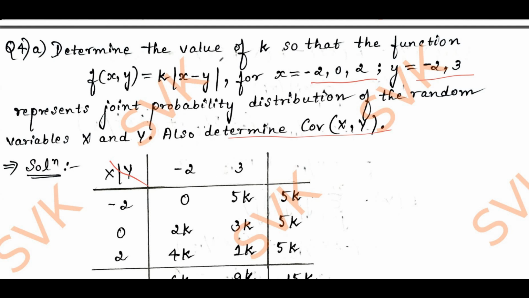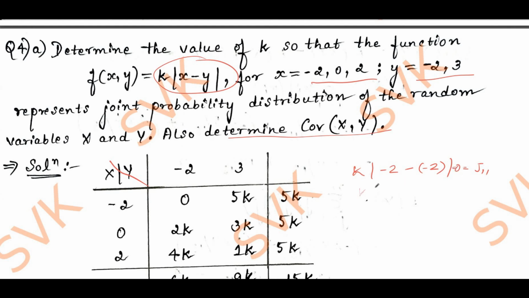Just put the values of x and y in this function. If x equals minus 2, k times modulus of minus 2 minus minus 2, since y is minus 2, so minus 2 plus 2 is 0. That is J11, the first value, 0.